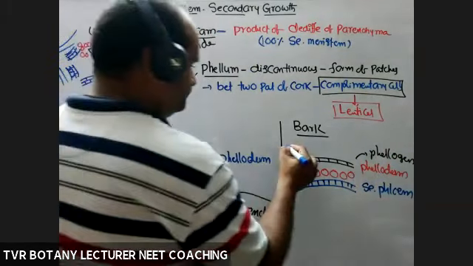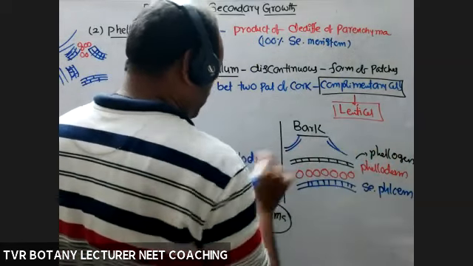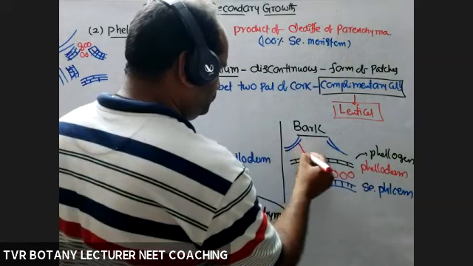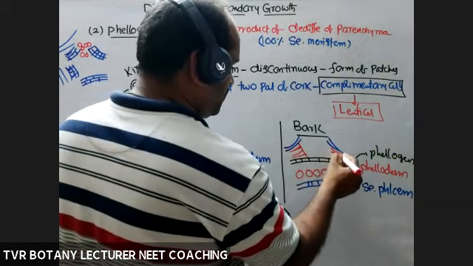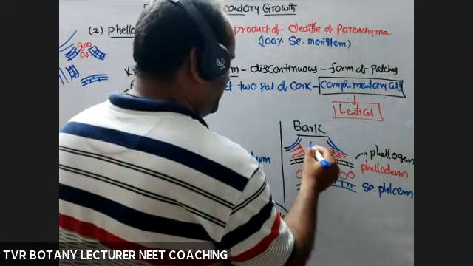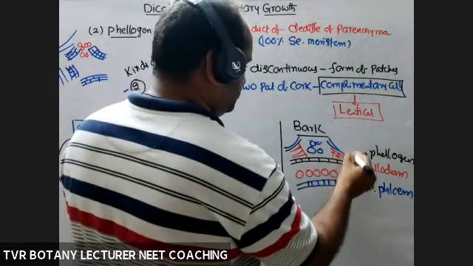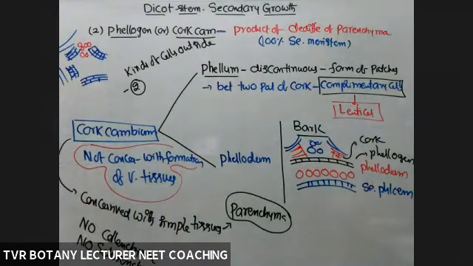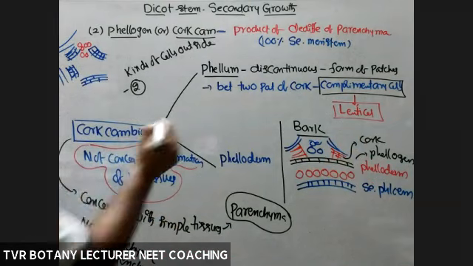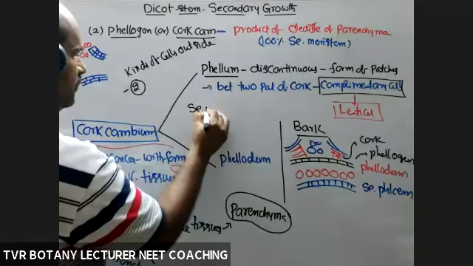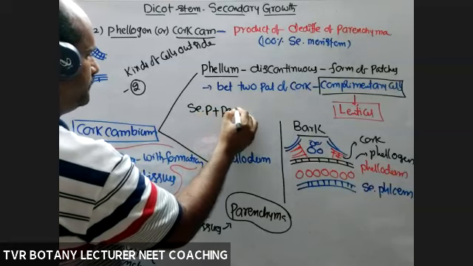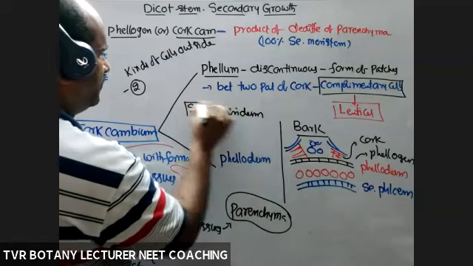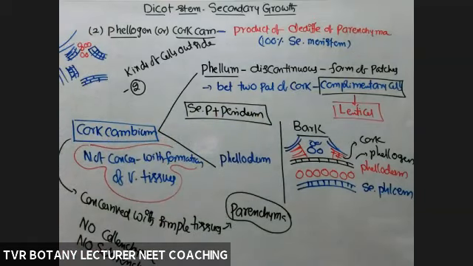And towards outside, cork tissue and complementary cells. So secondary phloem, phelloderm, phellogen, cork. So secondary phloem plus periderm, collectively called as bark. Okay. Is it clear? Any objection?